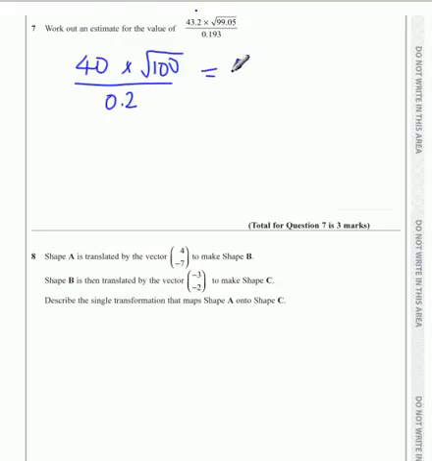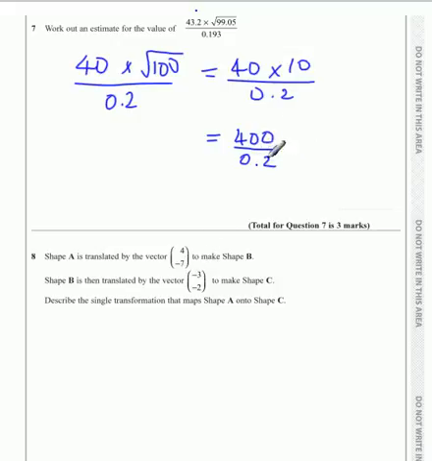So we can start to work this out now. So the 40 we're going to leave for a second. The square root of 100 is 10, and 0.2 we can leave. And then we've got 40 times 10 is 400 divided by 0.2. Now here we could try and work out divided by 0.2, or we could treat this as an equivalent fraction and try and get it up so that this bit on the bottom, our denominator, is 1, and that will give us our answer.